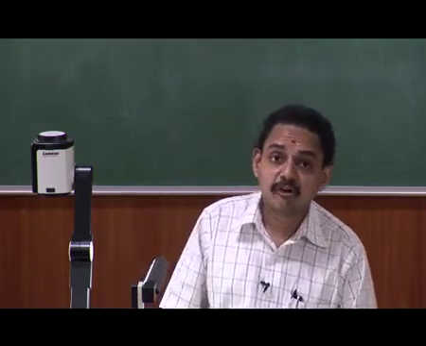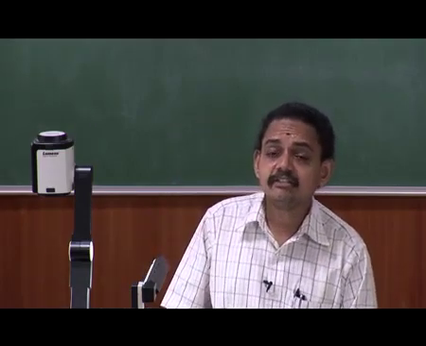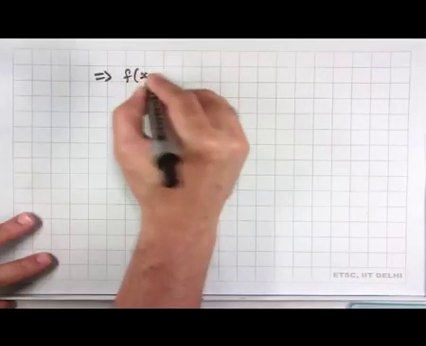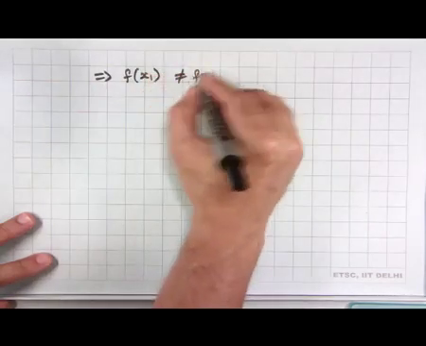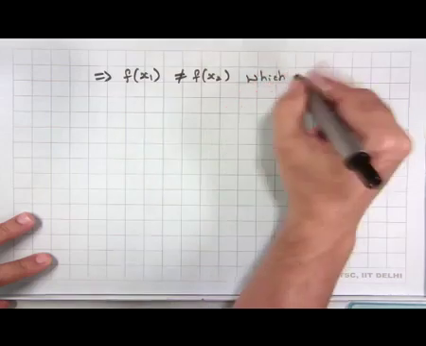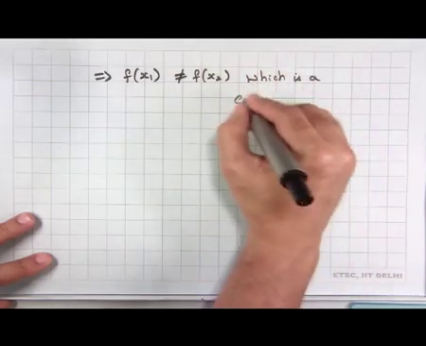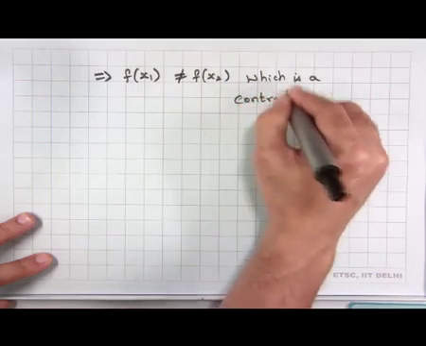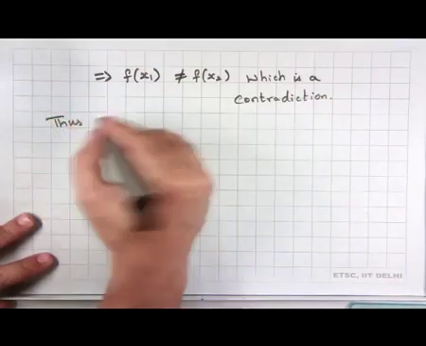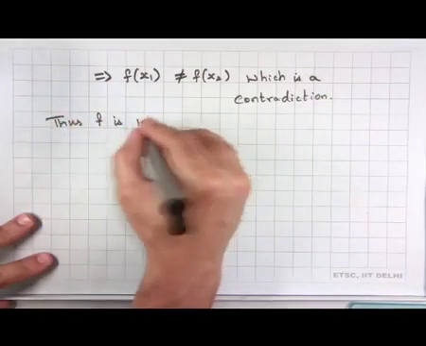What we have shown is that the singleton set containing f of x 1 and the singleton containing f of x 2, these two are not one and the same. That immediately implies that f of x 1 is not equal to f of x 2, which is a contradiction. Thus, f is 1 1 or an injective function.